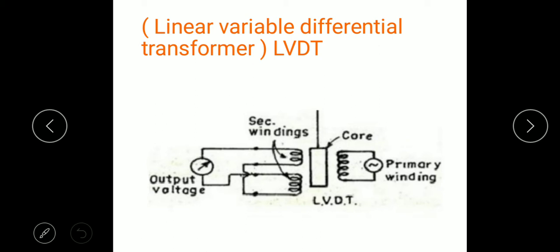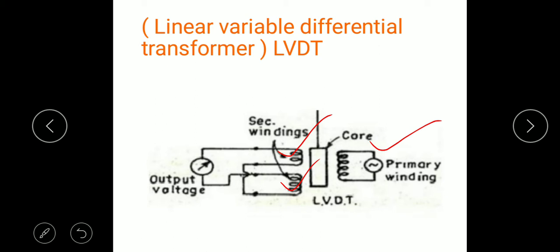Already I told you the steps. Just look carefully into the diagram and you will find exactly the construction base. In the construction we can see there is a primary winding, there is a secondary winding, but primary winding is the only one and secondary windings are two.